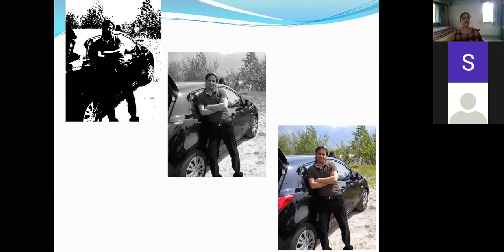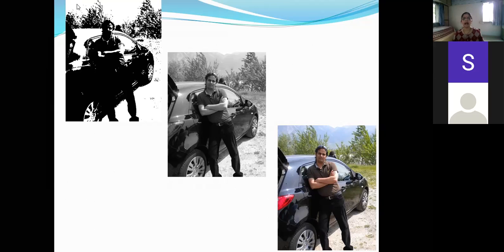Yes, Sanidhya. For a binary image, we need 1 bit per pixel. That 1 bit can take the value either 0 or 1. So this very first image is an example of a binary image. If you look at the top of the image, almost all these pixels are white, so they are taking value 1.